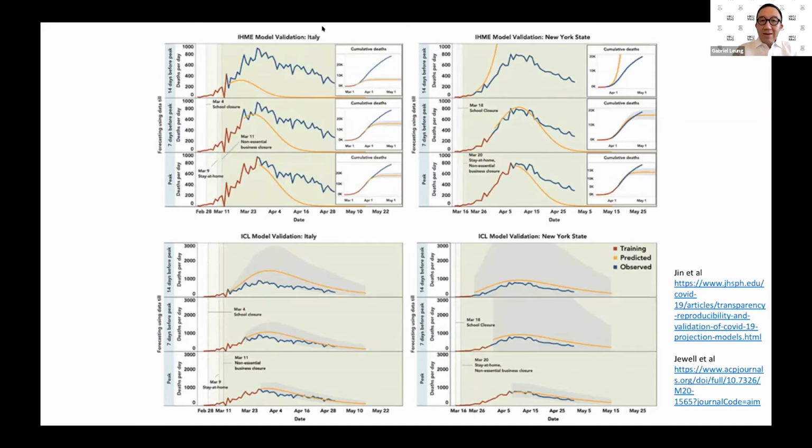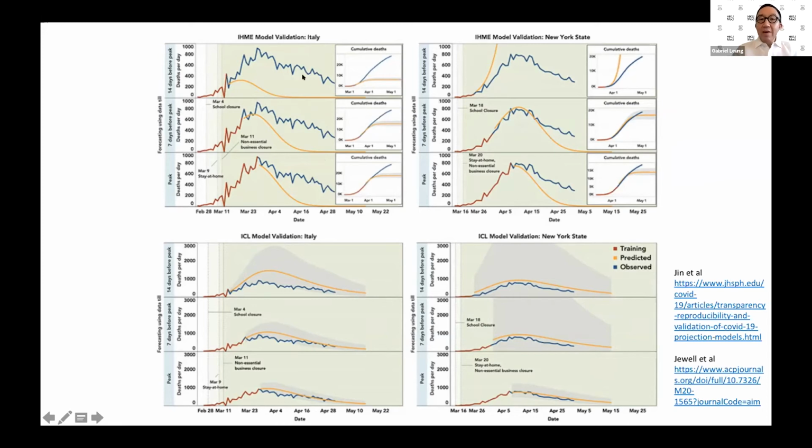If you look at their predictions for Italy and New York State, and you look at the training data, the prediction, which is yellow, and then the observed subsequently: based on the red, they had the yellow, and then the blue is actually reality.